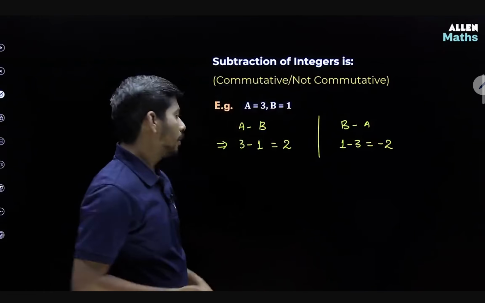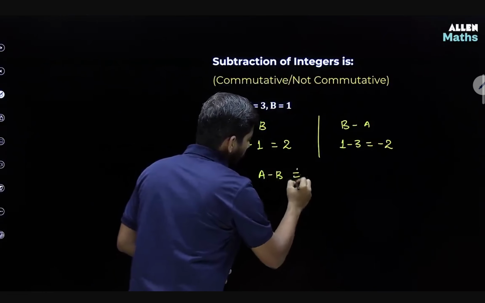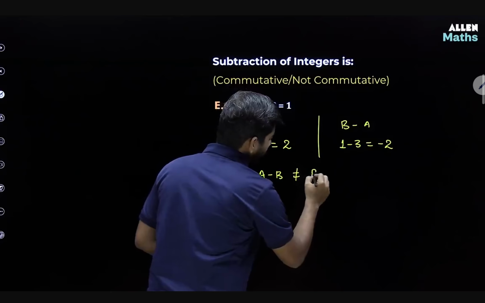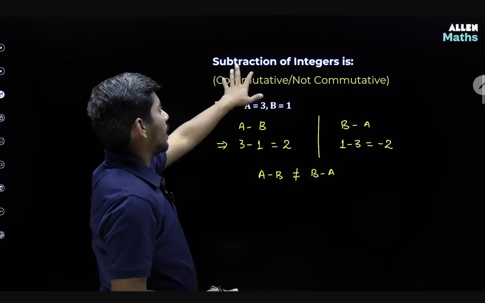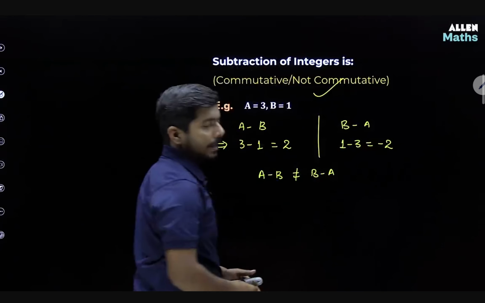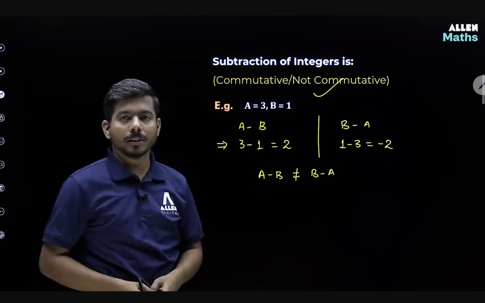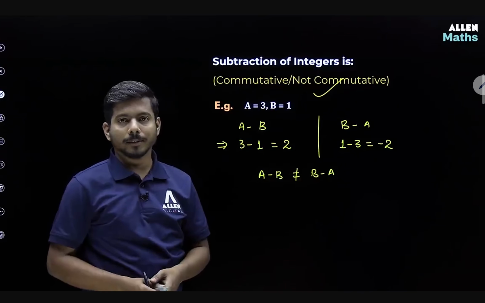So what we can conclude from here is that a minus b is not equal to b minus a. So subtraction of integers is not commutative, because the final answer is different if we change the order of subtraction.